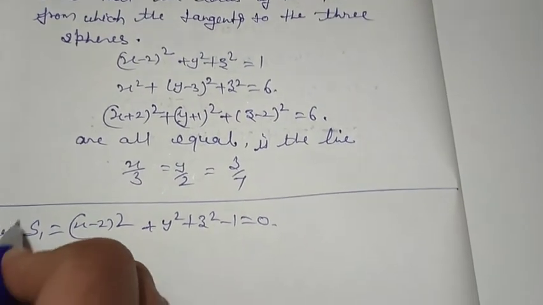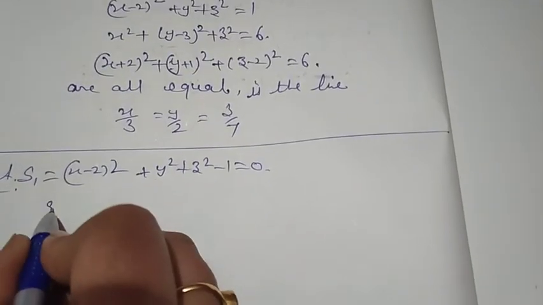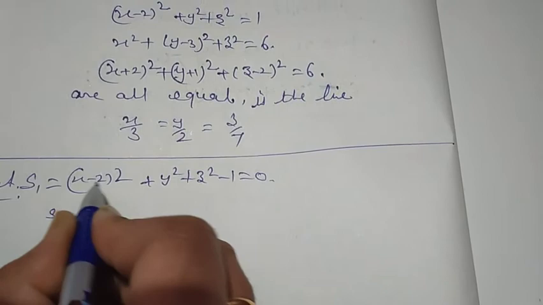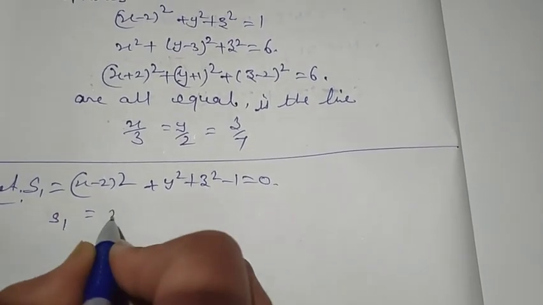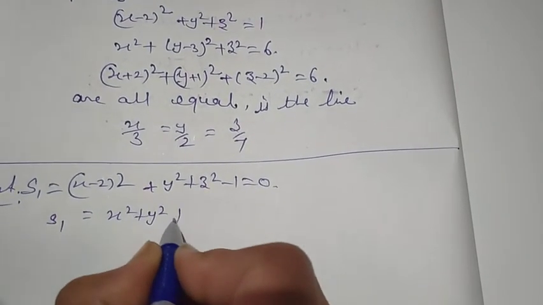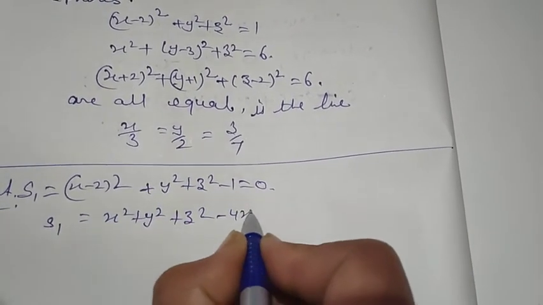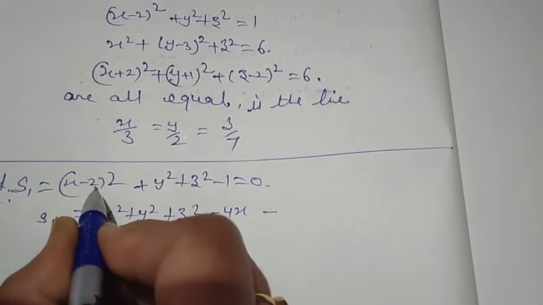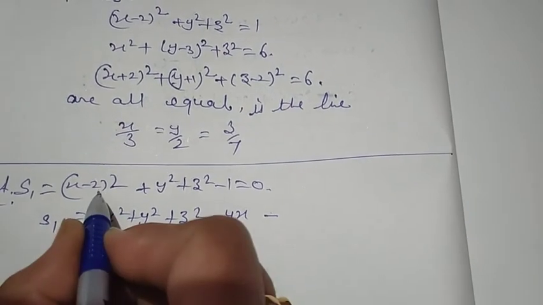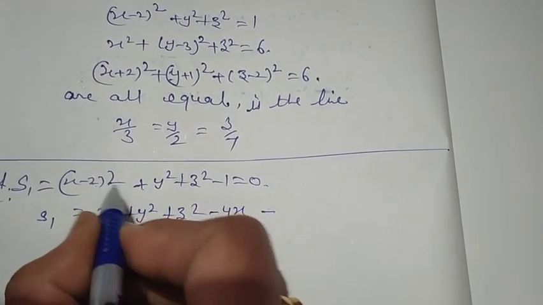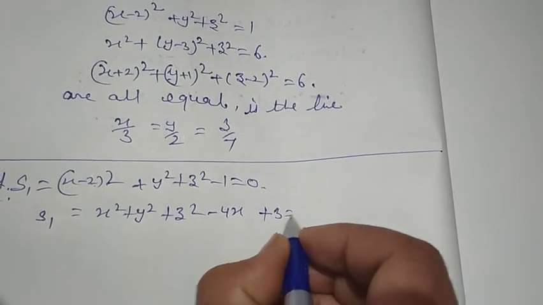After solving, x square plus y square plus z square minus 4x minus 4 plus 4 minus 1 plus 3 is equal to 0.